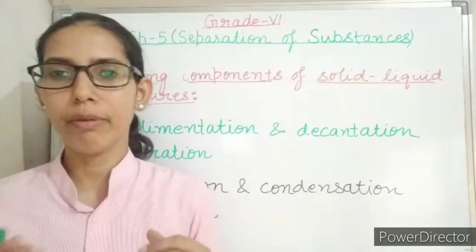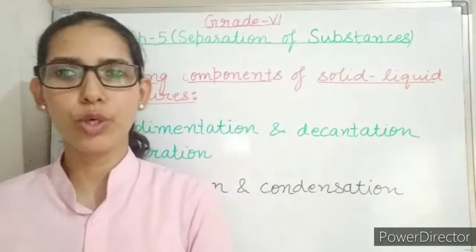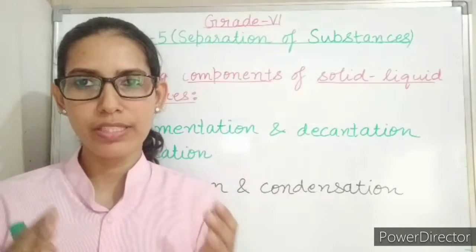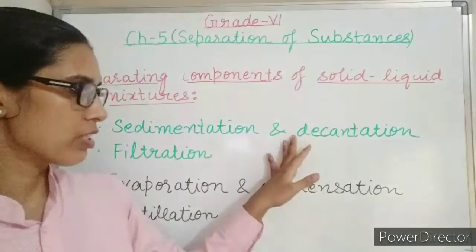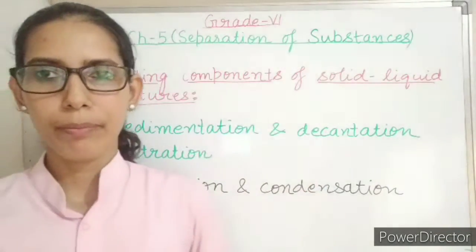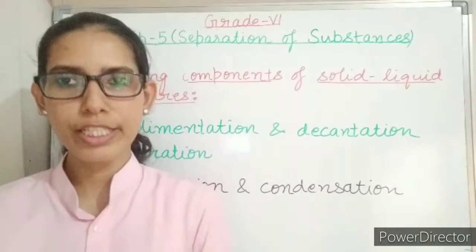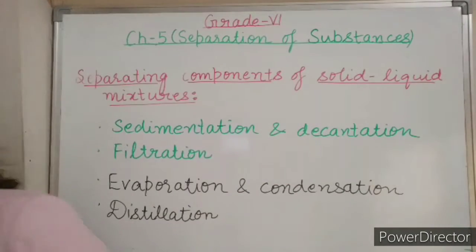For example, we have a mixture of sand and water. We know that sand does not dissolve in water. So if we want to separate the components of this mixture, sand and water, what method can we use? We can go for these, because these are the methods which are used to separate the insoluble solids from liquid. Here I will show in the book.